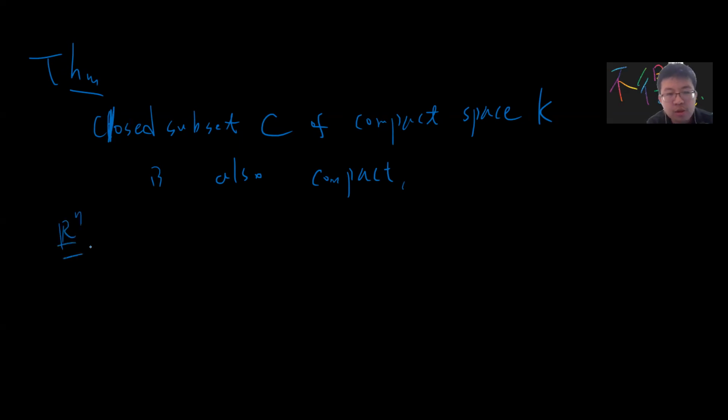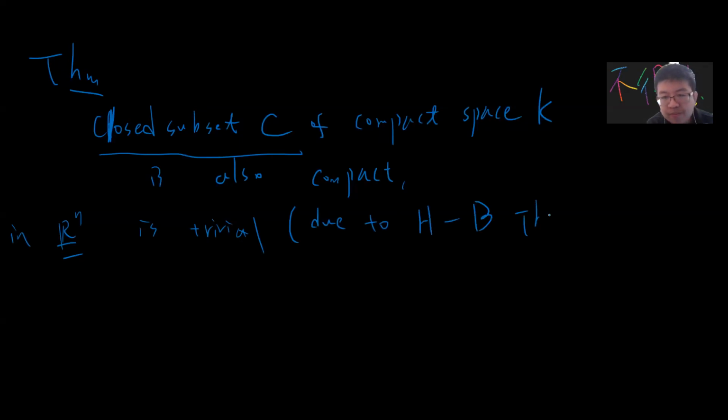Because in Euclidean dimension, a closed subset of a compact set is bounded. So closed and bounded implies compact, right? So in R^n it is trivial. The reason is due to the Heine-Borel theorem. But in general, it is not so trivial. You can try to prove this.